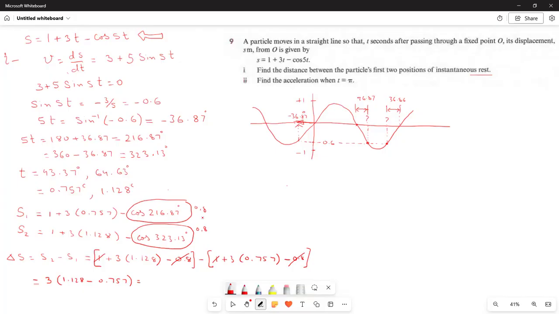I think I made a mistake here. So the first value would be positive, because when I put this value, the cosine of this one is positive 0.8, and the second value is negative.